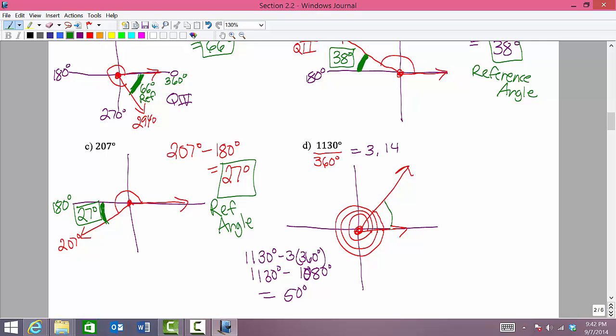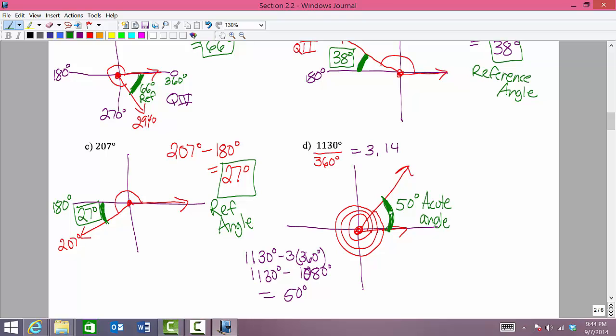So this one actually, I can just tell that the distance between the x-axis and the terminal side would be 50 degrees. So we don't really need to do a calculation here, since the leftover portion was 50 degrees, and 50 degrees is already an acute angle.